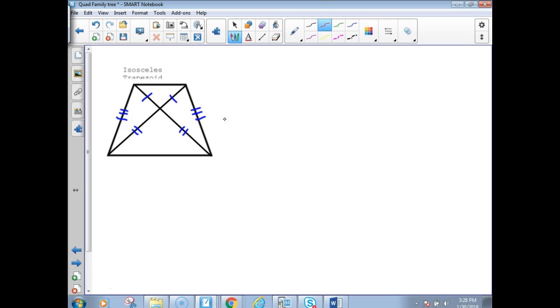One very important thing to remember about an isosceles trapezoid is the base angles are congruent. So that whole angle up there is equal to that one over there. And down here, those base angles are congruent. Okay, so if I label this ABCD, give me 1 more second. DB is congruent to CA.